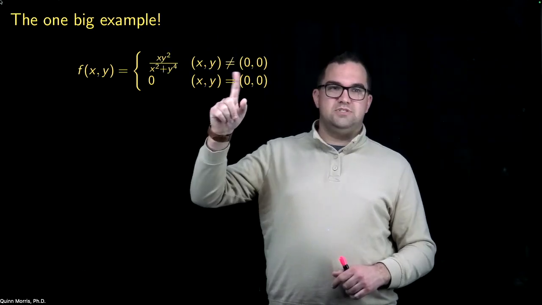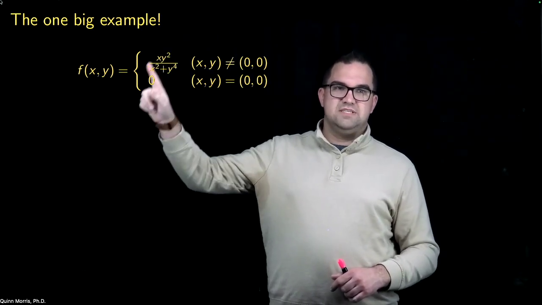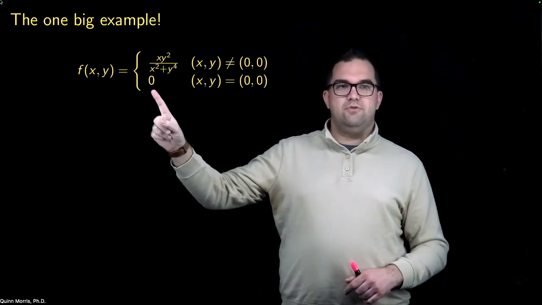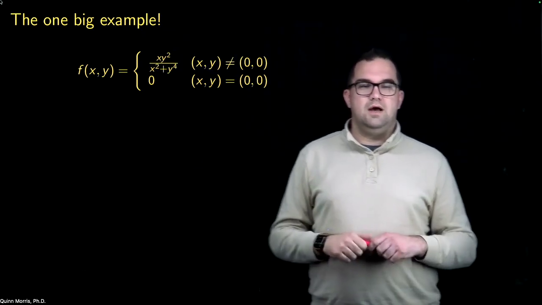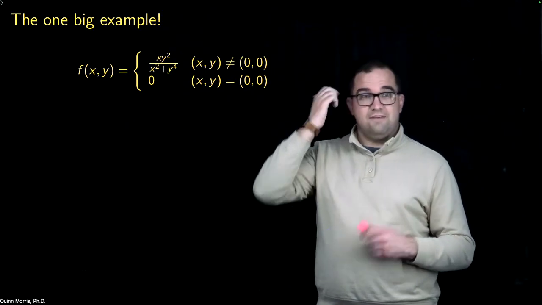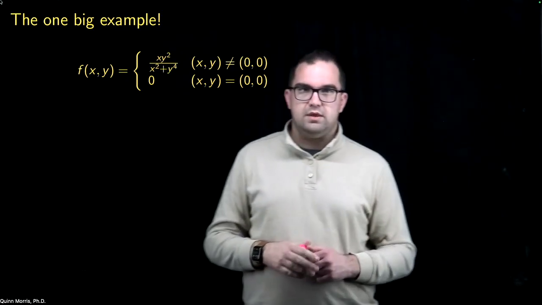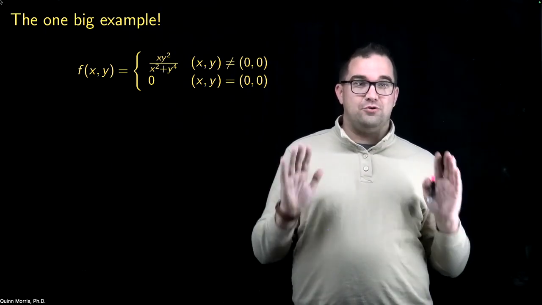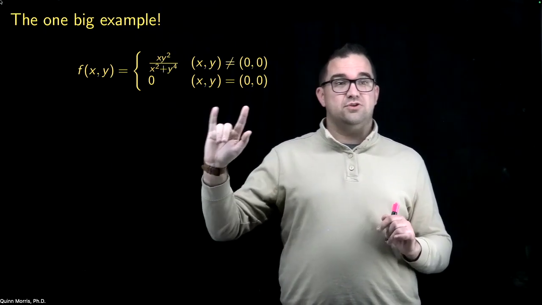And if x and y are both 0, obviously this expression is undefined, so we can't use it. If x and y are both 0, then I would like to define this function to have the value 0. Okay, so the only function we're going to be talking about for the rest of this video is this function.